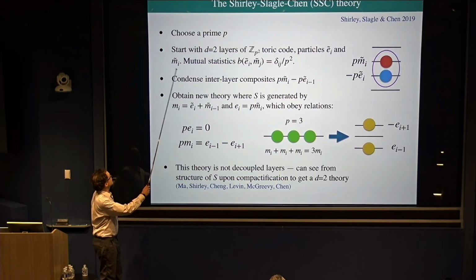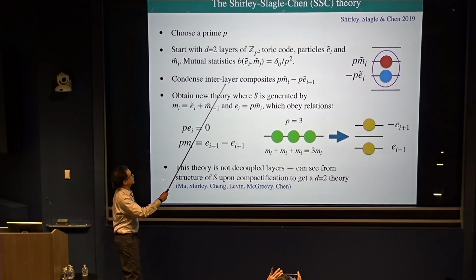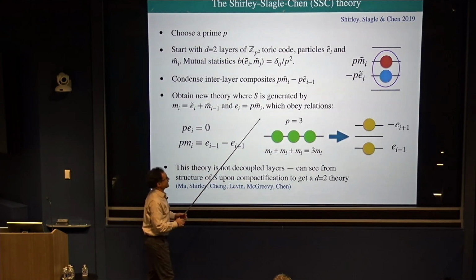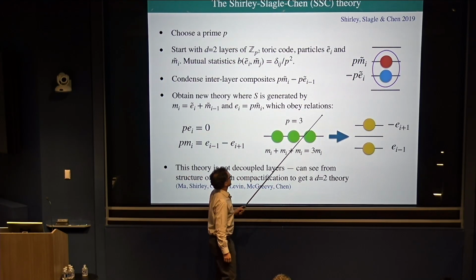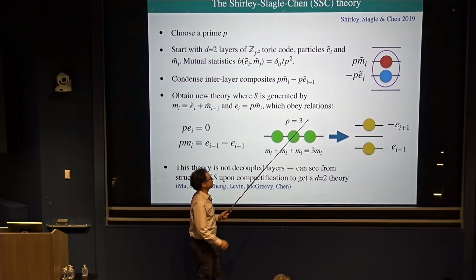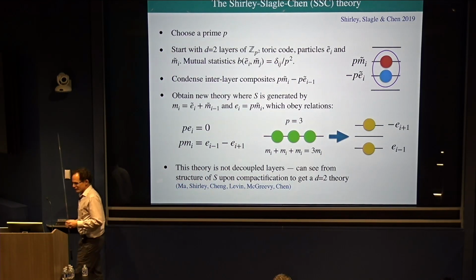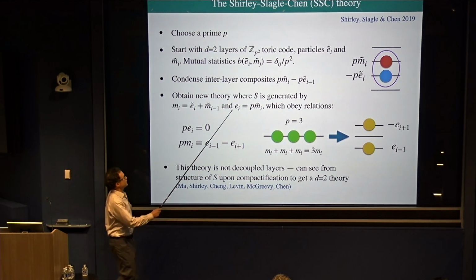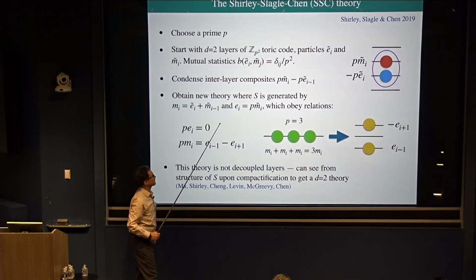Okay? They did this for Z4 in their original paper, but I'll do it for Z_{P^2}. So we'll choose a prime P. We'll start with layers of Z_{P^2} toric codes. Okay? And in each layer, we have generating particles, E's and M's, which I'll put tildes on. Those are just the electric and magnetic excitations of the Z_{P^2} toric code. They have mutual statistics in the same layer with a 1 over P squared. Okay?